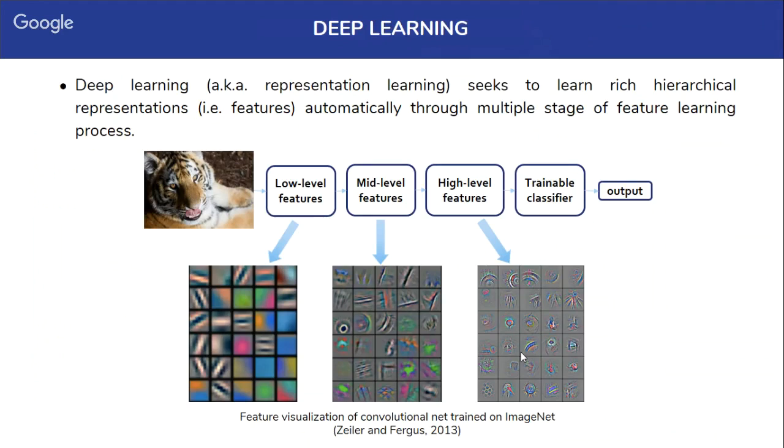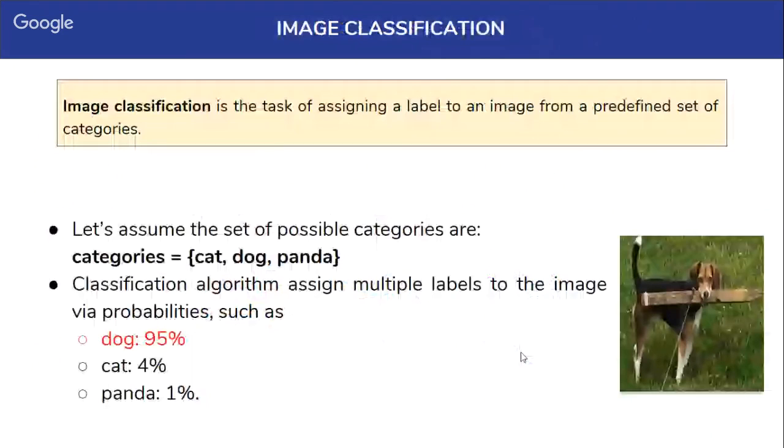Let me first start with image classification. Here you can see there is a dog on the right-hand side. In classification, we assign a label to the whole image that we feed to the CNN architecture. Finally, the model gives you probability scores.